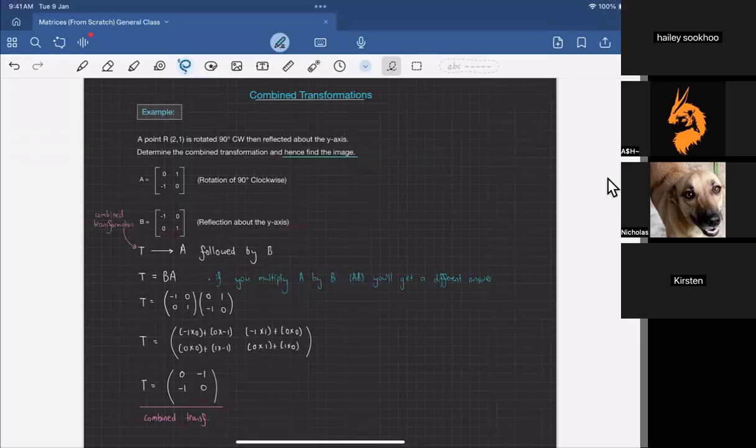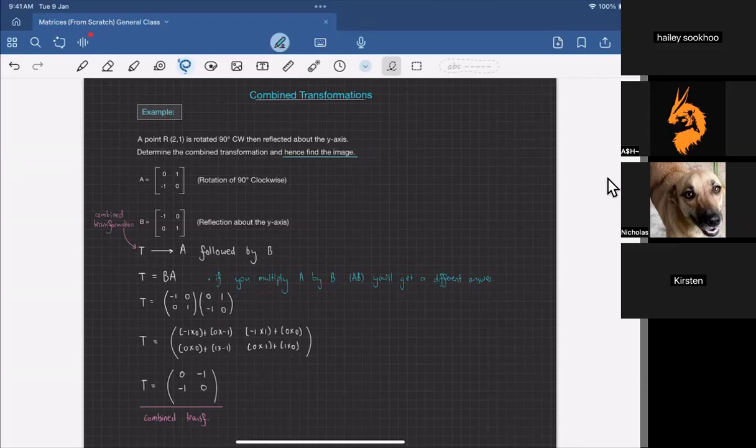Sasha, what is that combined transformation supposed to do? If I multiply the combined transformation by the object, which is the point (2,1), what is it supposed to do to the point? Nicholas, what is the combined transformation supposed to do to the point?